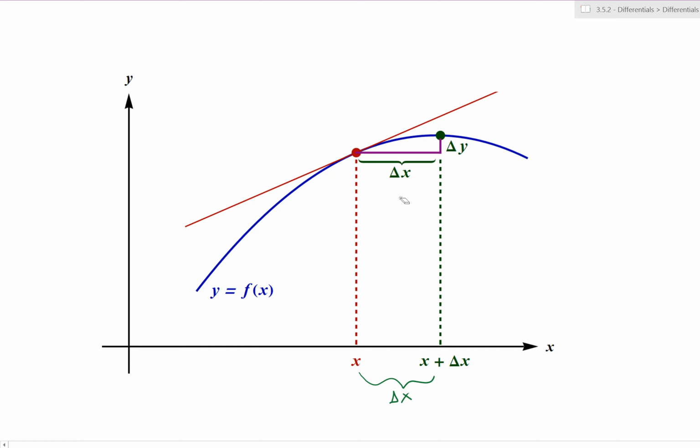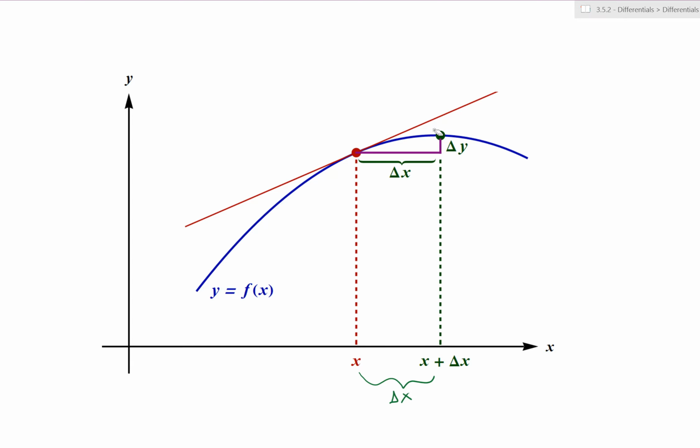Then we can see that over this particular interval of x values, the function has changed some amount. Let's call it delta y. That's the amount that the function has gone up or down by, or maybe even not changed at all. In this case, it has gone up a little bit.